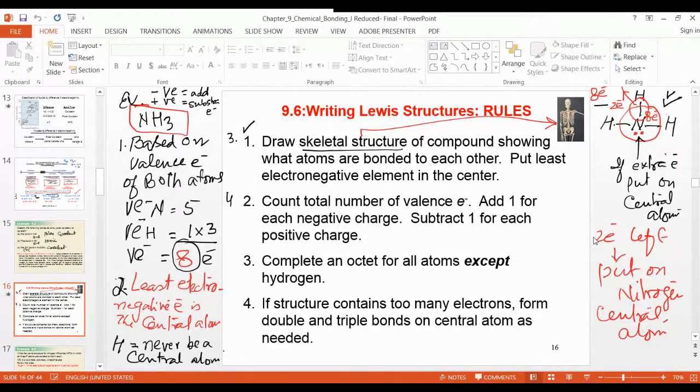So the extra lone pairs on nitrogen and oxygen change the geometry from tetrahedral to bent. Water is a bent structure because of 2 lone pairs.